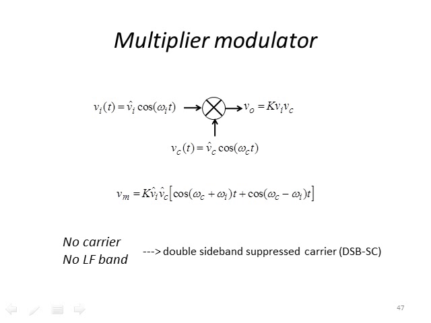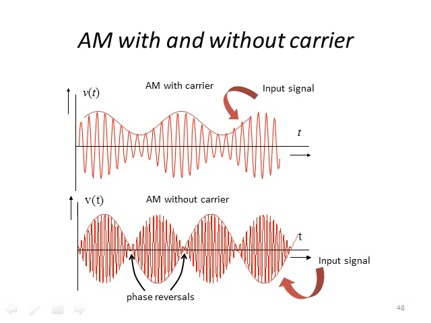So we don't want any carrier in the low frequency band, right? This is called double sideband suppressed carrier. So an AM signal with carrier is located on the top, and then an AM signal without the carrier is located on the bottom.